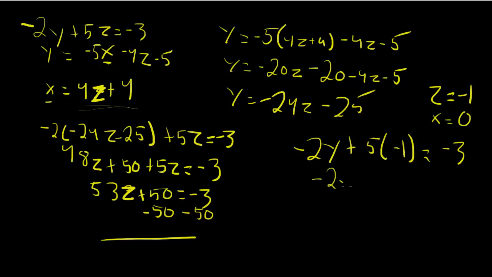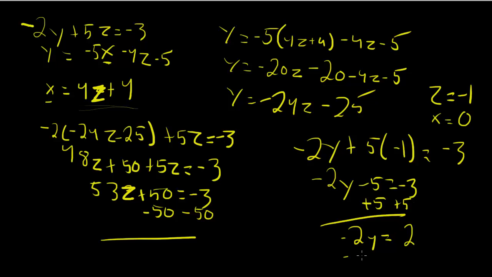We get negative 2y minus 5 equals negative 3, plus 5 on both sides. We get negative 2y equals 2. Divide by negative 2, divide by negative 2.